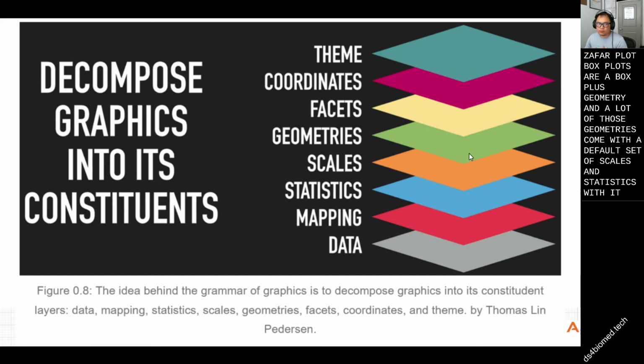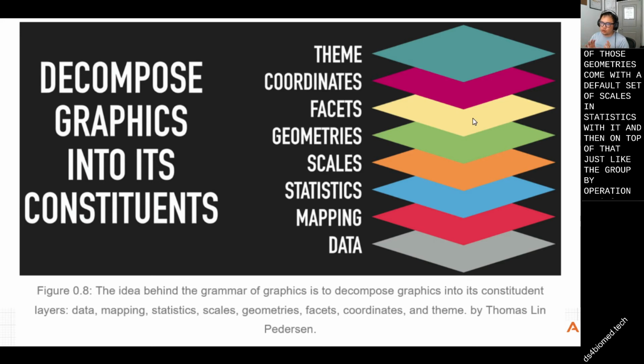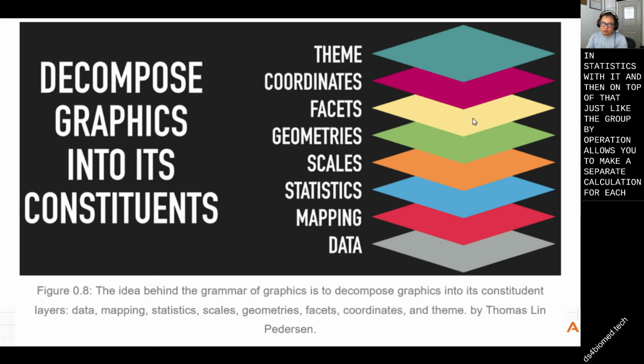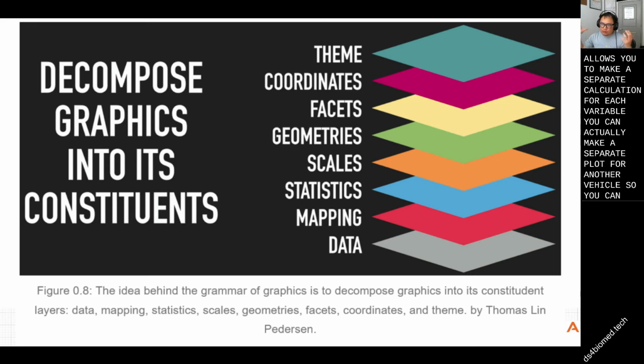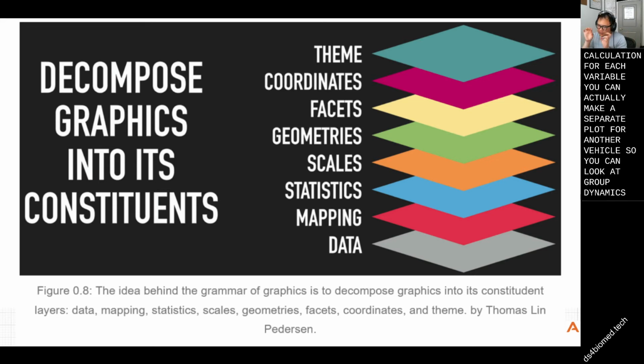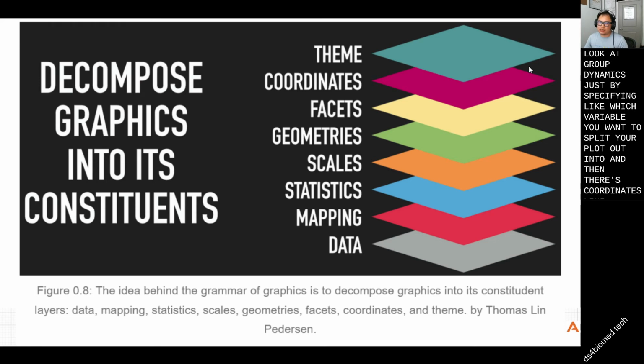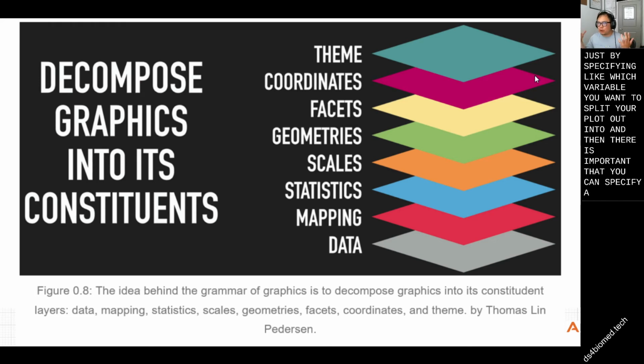And just like the group by operation allows you to make a separate calculation for each variable, you can make a separate plot for another variable. So you can look at group dynamics just by specifying which variable you want to split your plot out into. And then there's coordinates: you can specify a map coordinate system, or typically we're in regular Euclidean XY.